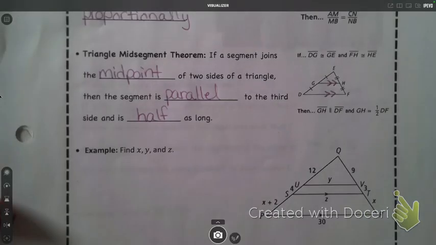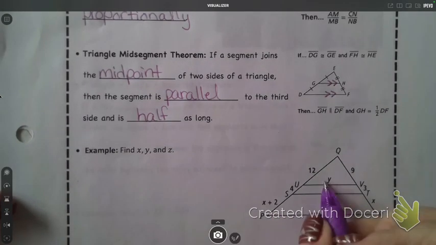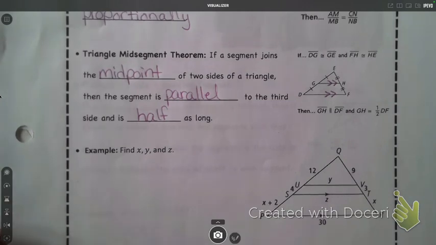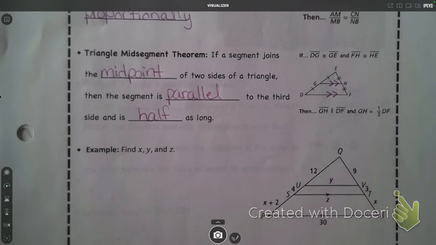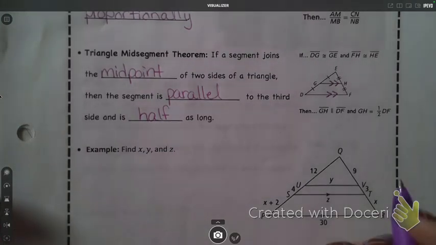Okay, so it says find X, Y, and Z. So here's X, here's Y, here's Z. Oh, here's X also. So to find X, would you just put them equal to each other? No. We have to use proportions, yes?